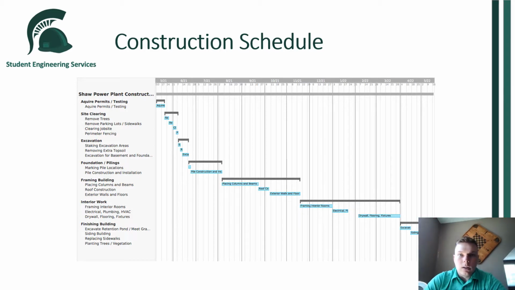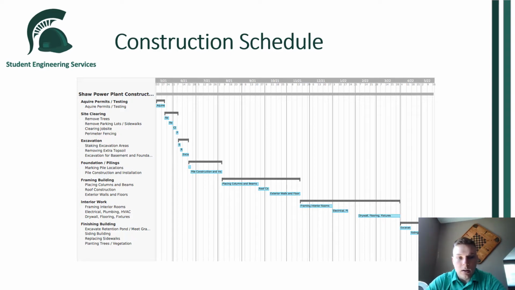Once the permits are acquired, we will begin the site clearing, removing trees, parking lots, sidewalks, all that stuff to get the site ready. That will be followed up by excavation, and then after that, we have the foundation work and putting in the pilings.